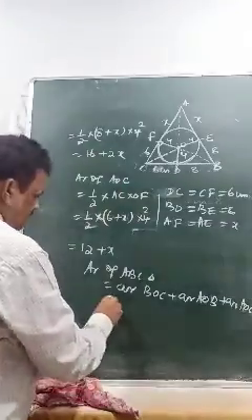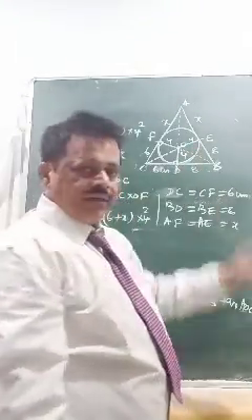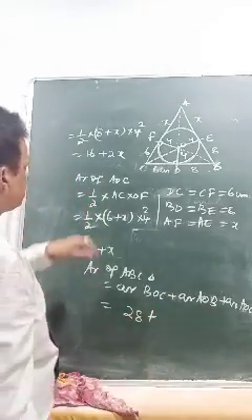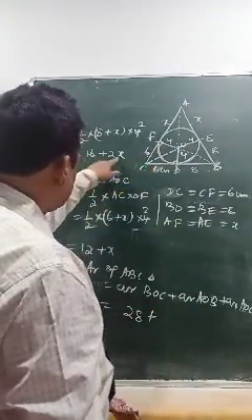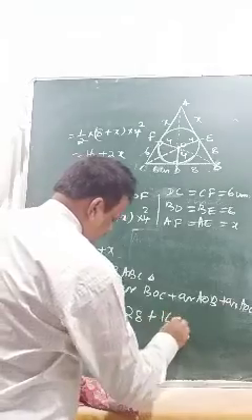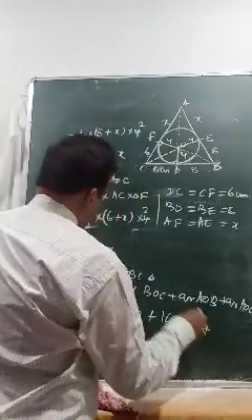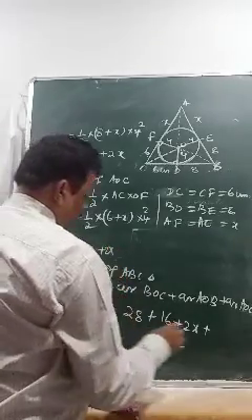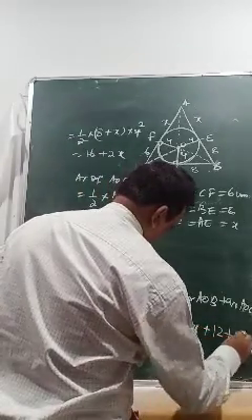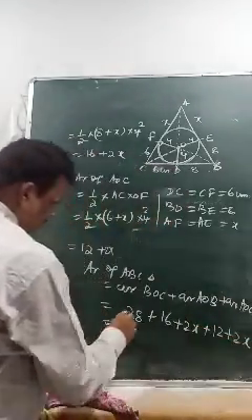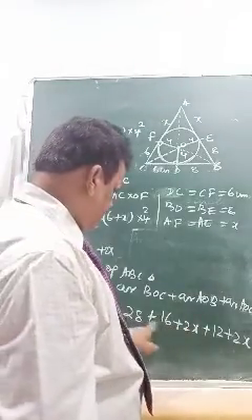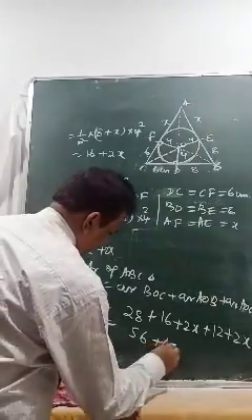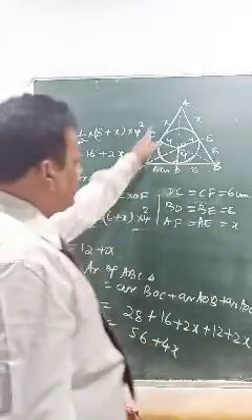So for BOC you have got 28, plus this, 16 plus 2x, plus this, 12 plus 2x. So 40, 56 plus 4x. This is the total area.